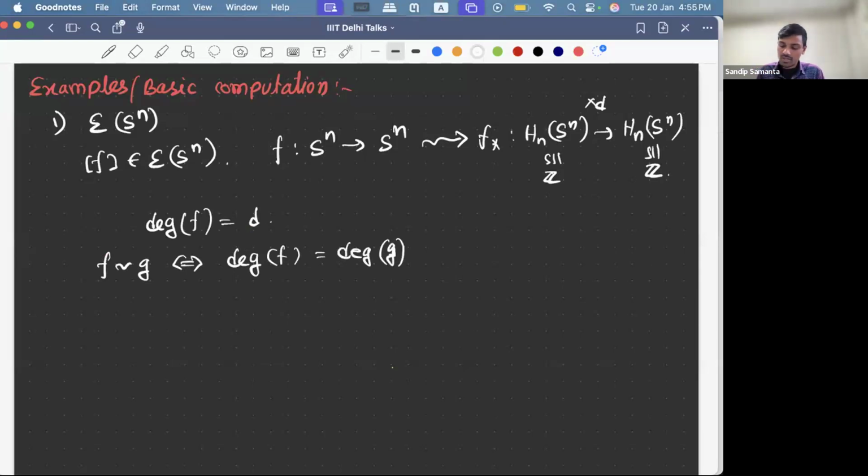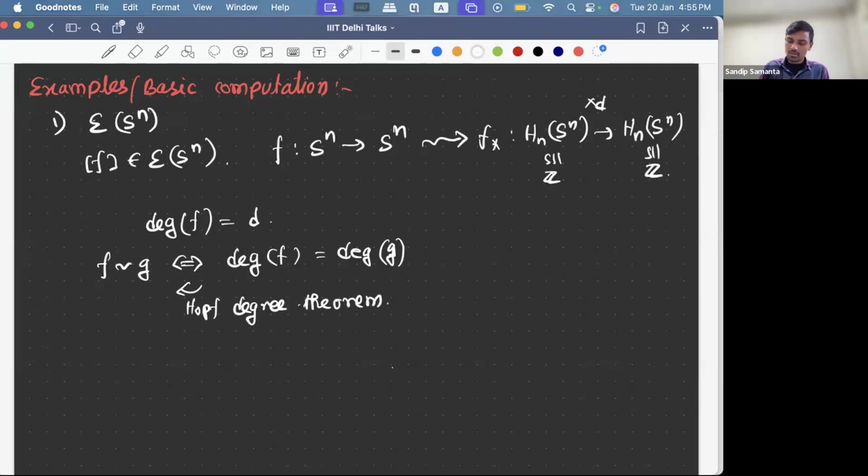So one direction is immediate. If f and g are homotopic, then the corresponding f star and g star are the same map, so the degree is the same. But for the converse, to construct a homotopy between those two maps when the degree is the same, one needs what's called the Hopf degree theorem.